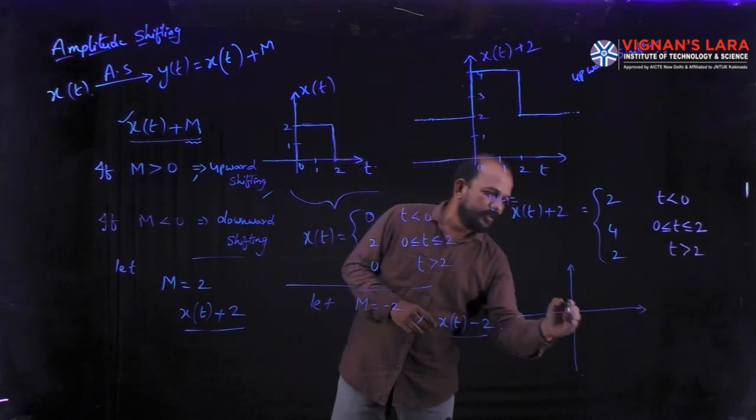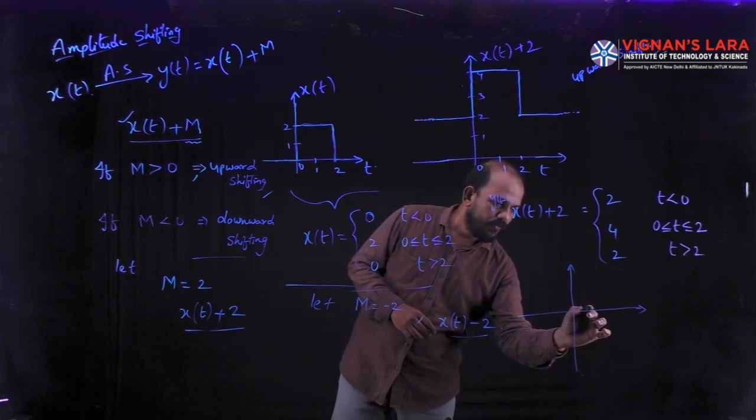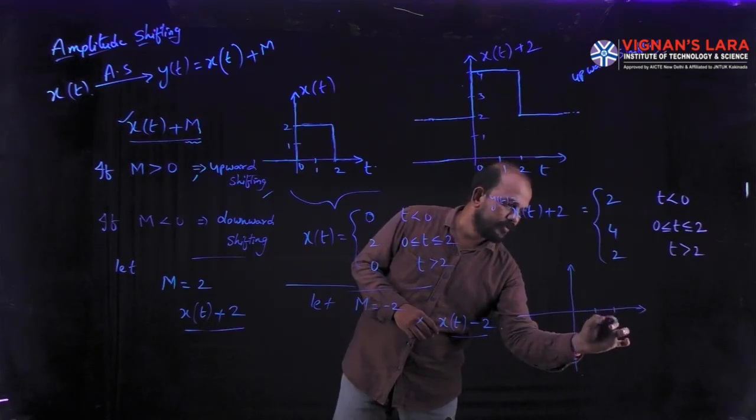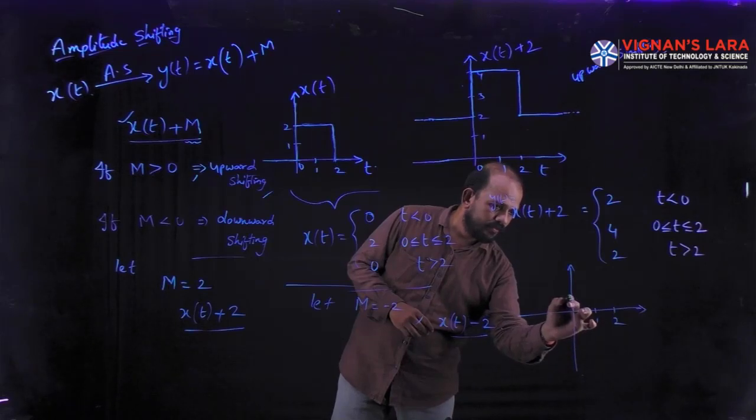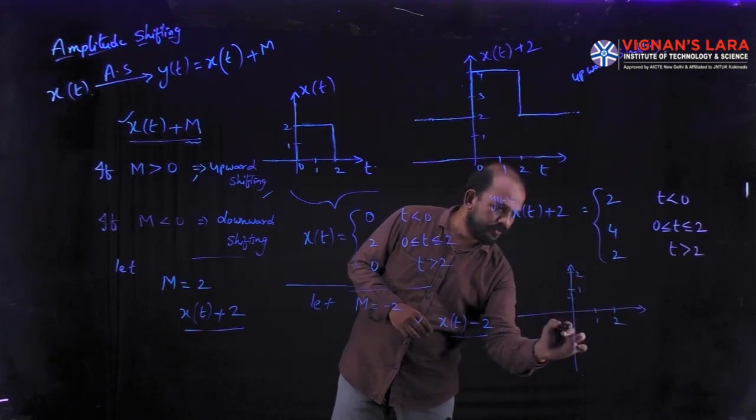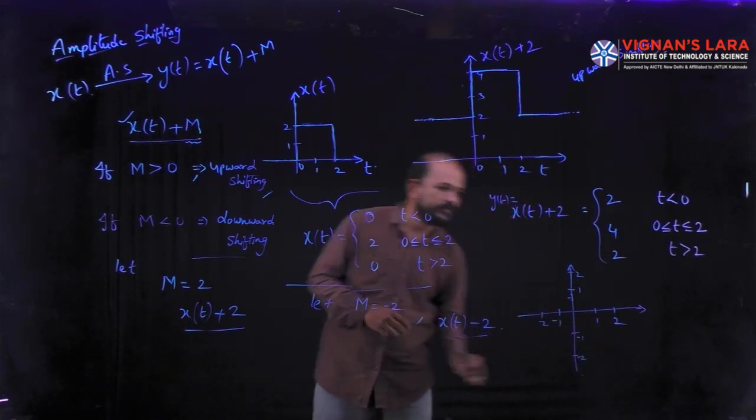Now 1, 2. If downwards, this is minus 1, minus 2. So this is minus 1, minus 2, like this.